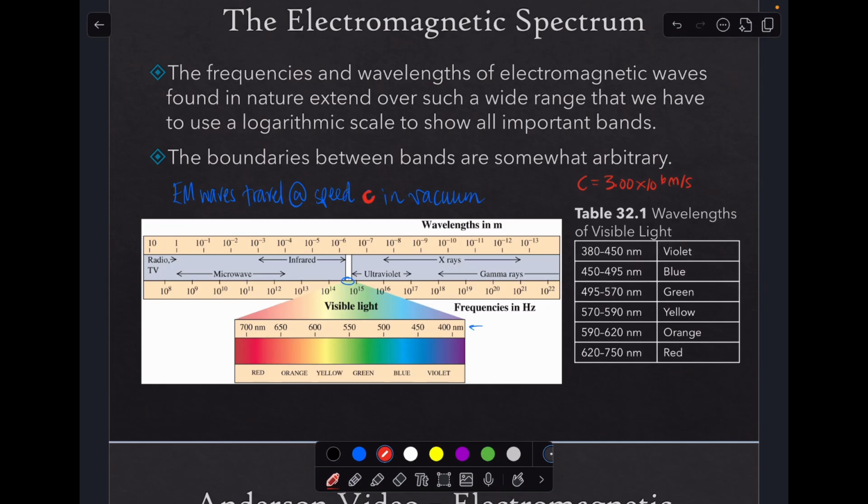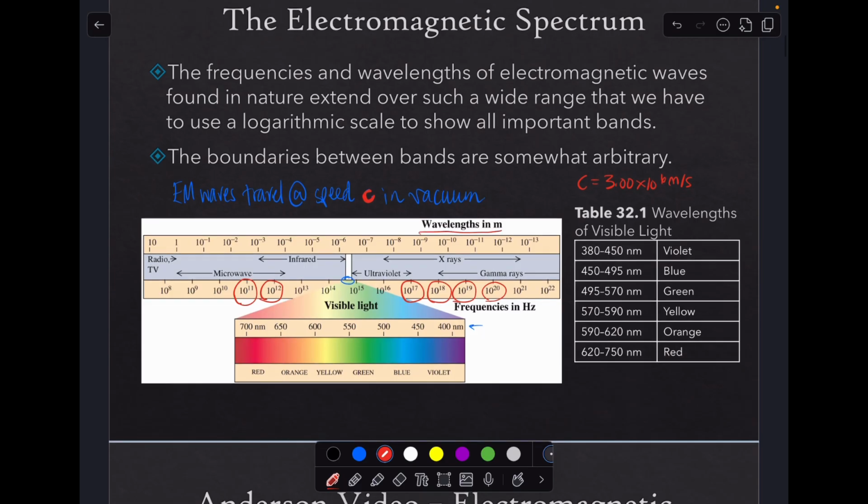The frequencies depend on the source, they travel at c, and then their wavelength is related to c like this, okay?